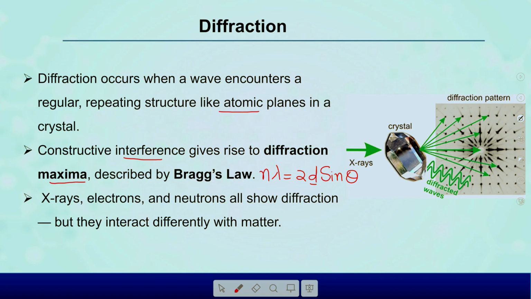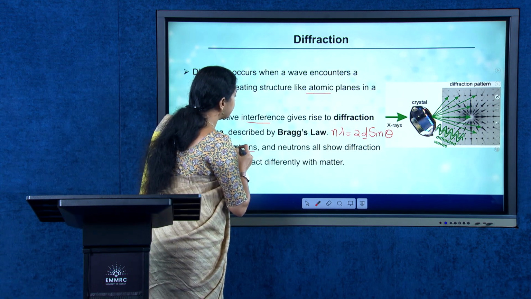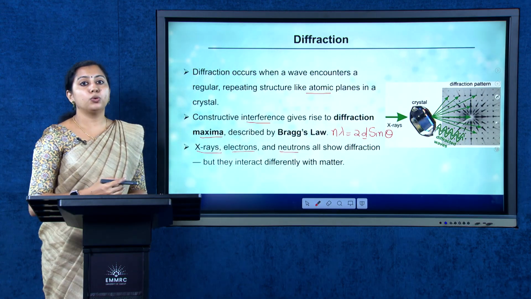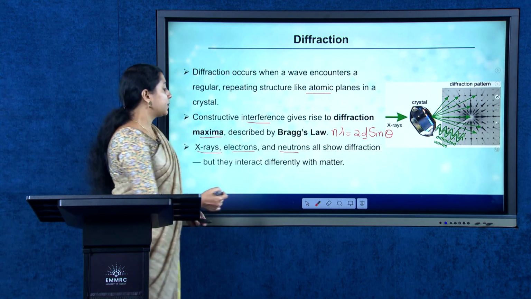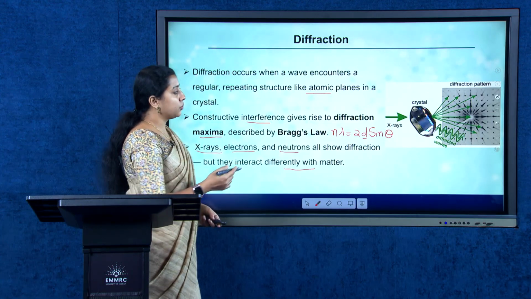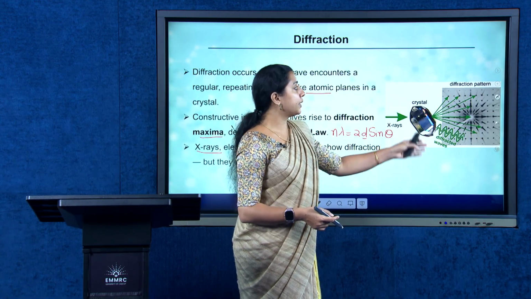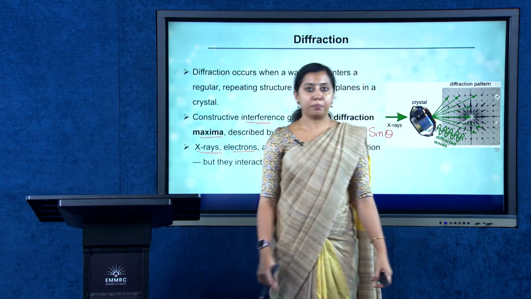We know that X-rays are electromagnetic radiations. So, similar to X-rays, electrons and neutrons can also show diffraction, but they interact differently with matter. Okay. So, in this figure you can see X-rays falling on a crystal, getting diffracted and producing a characteristic diffraction pattern.